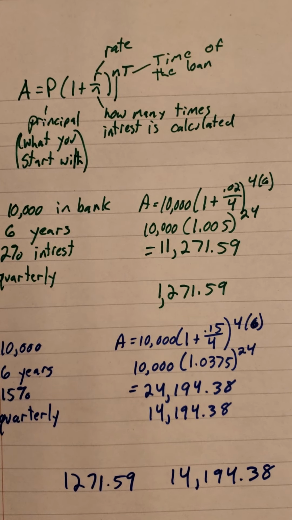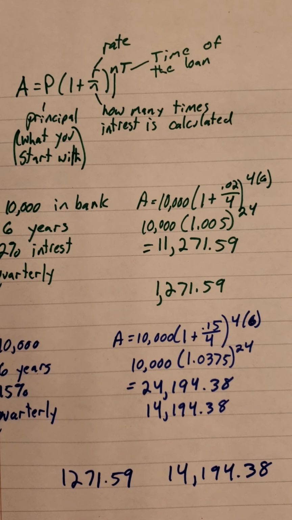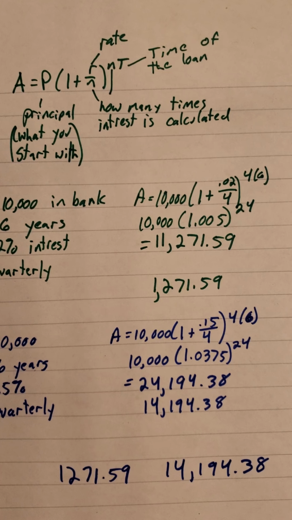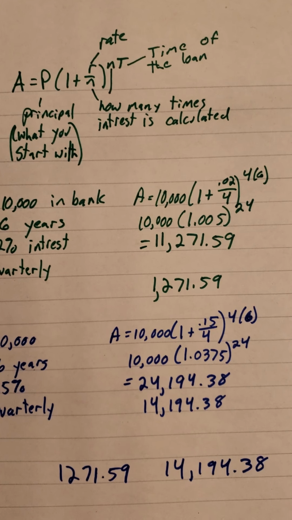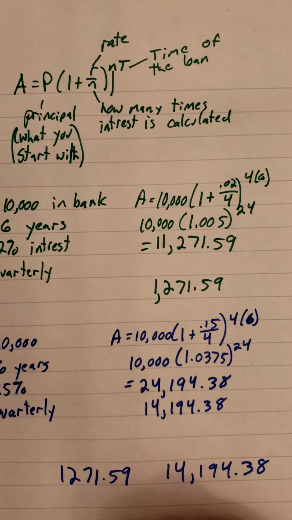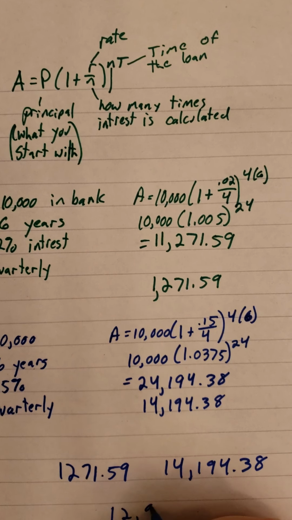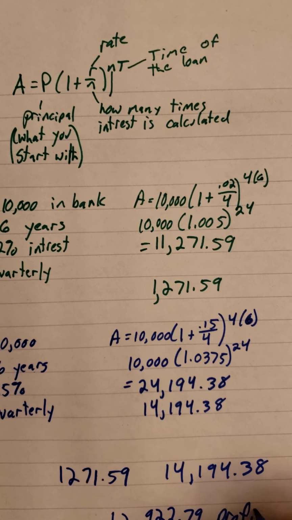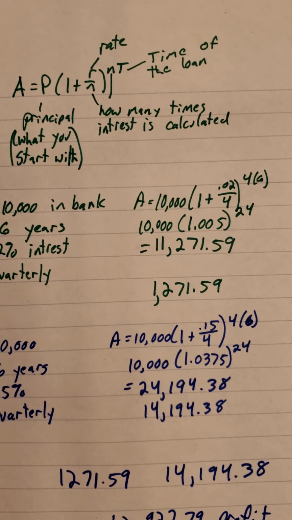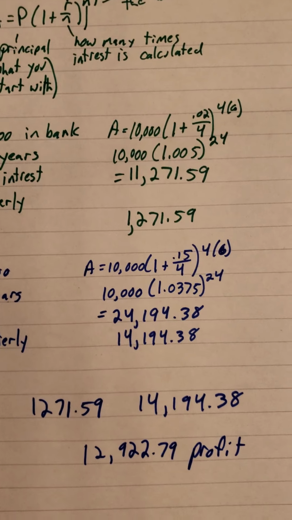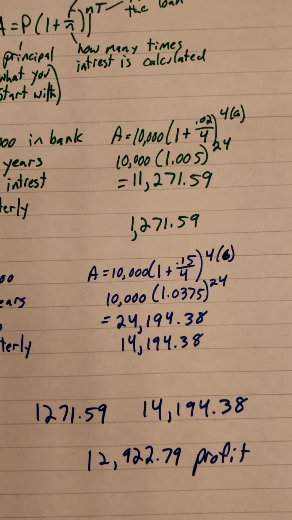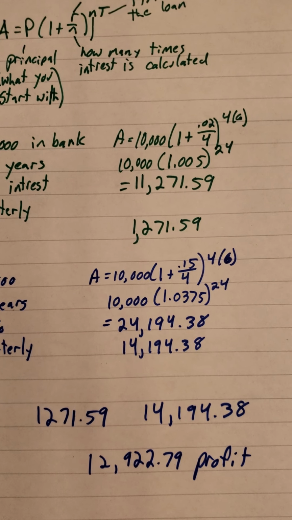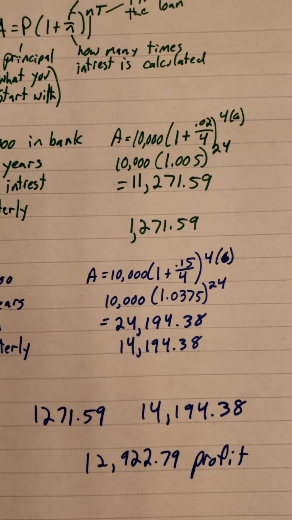So if you take 14,194.38 and subtract away 1,271.59, the bank came out making almost $13,000 profit. So basically, they take money from one person, hand it to another person, and then collect that money back from the other person, hand it back to the other one, and keep a big chunk for themselves.